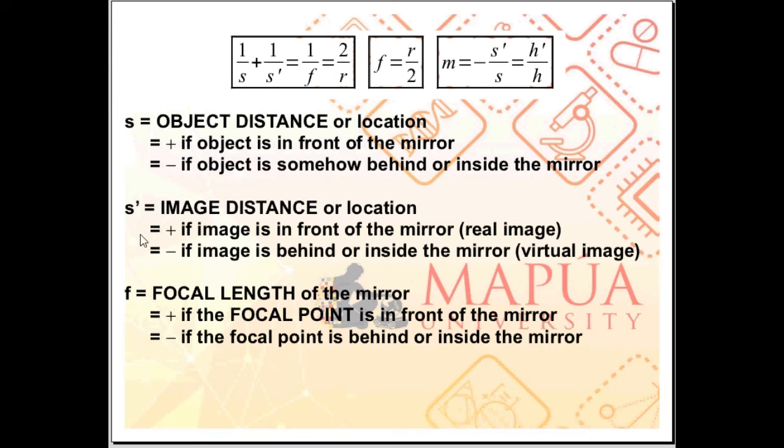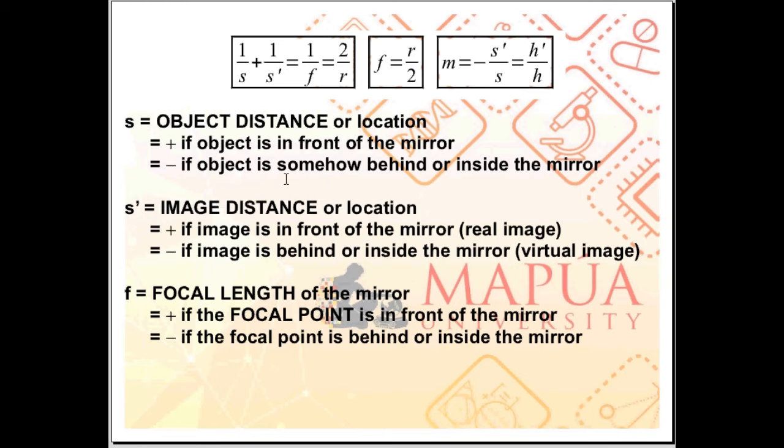S' is called the image distance or location. It's the location of the image, whether it's a real image or a virtual image, with respect to the mirror. S' is positive if the image is in front of the mirror. If S' is positive, you have a real image. Note, with a mirror, reflected light is in front of the mirror.